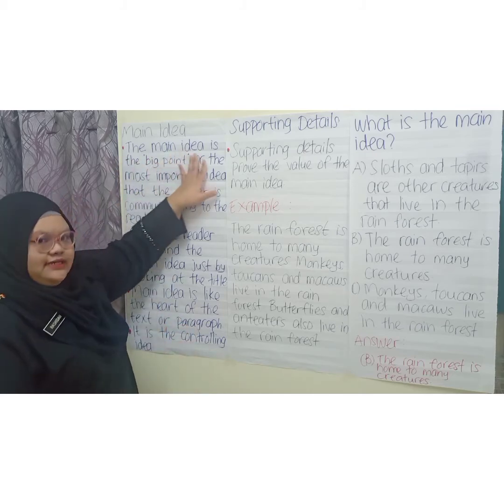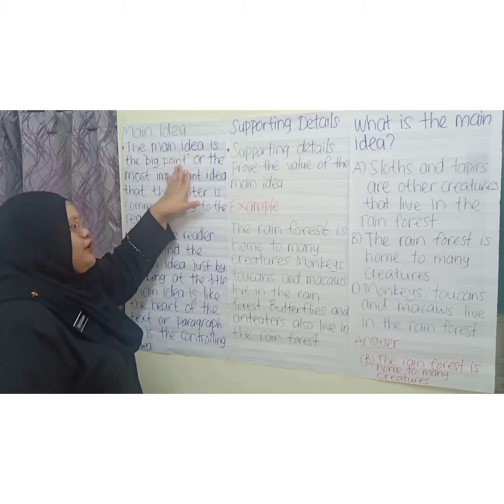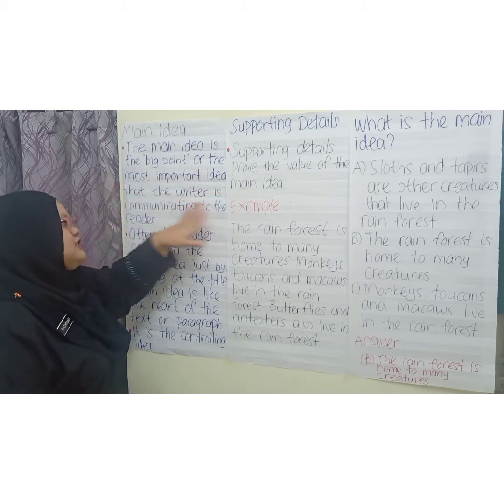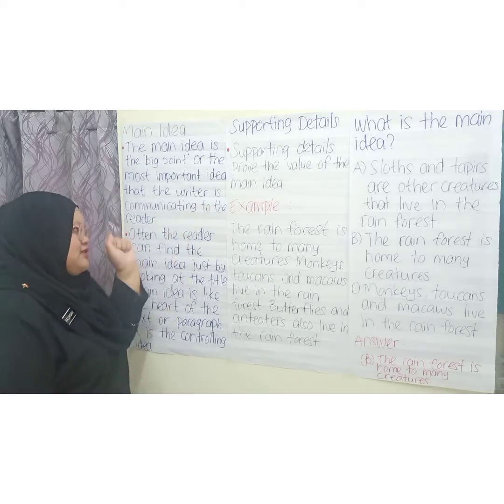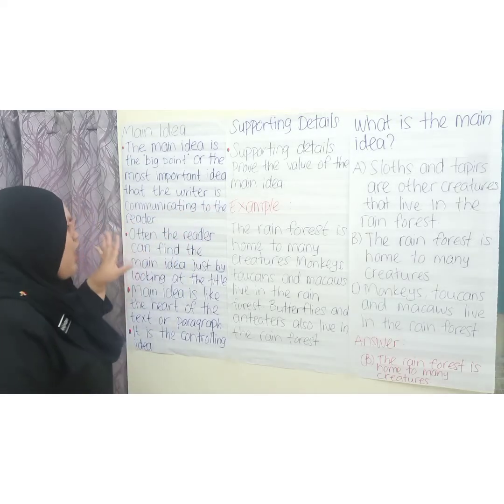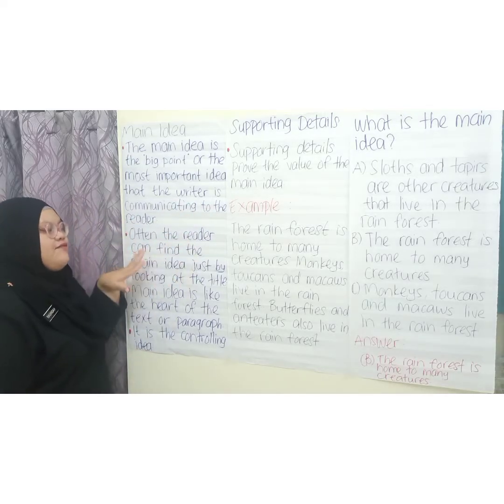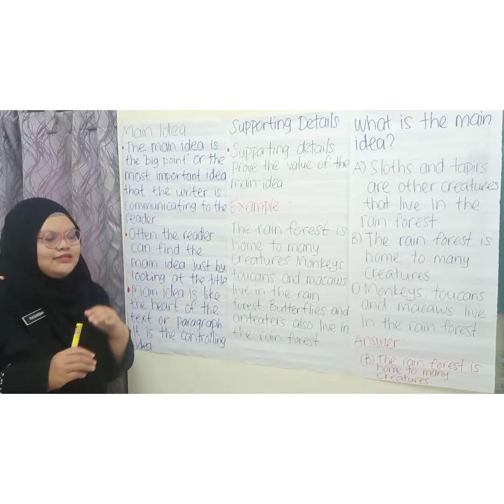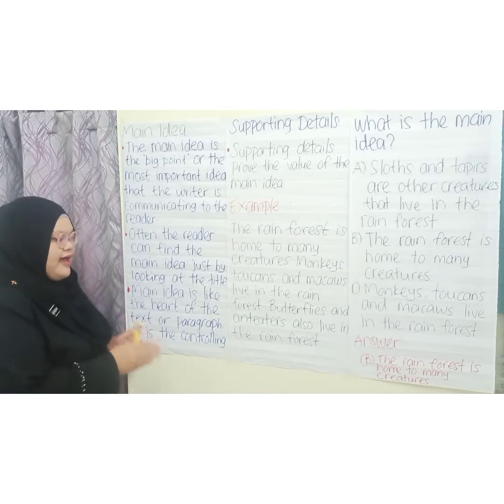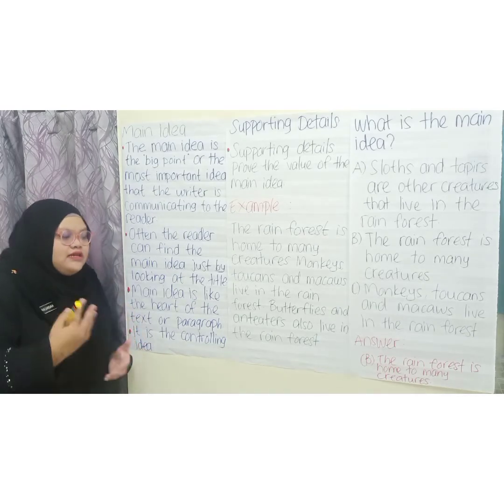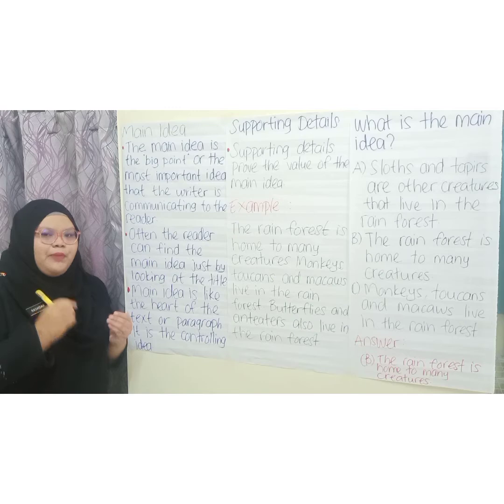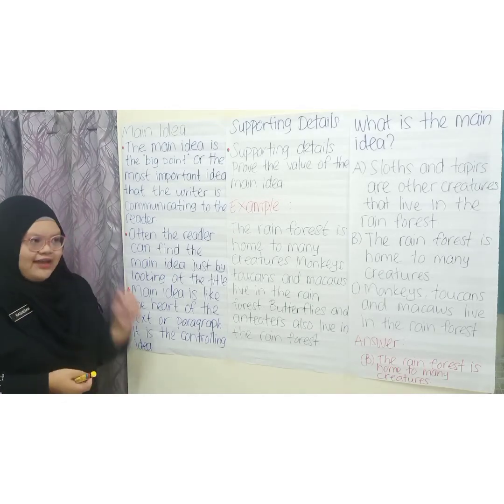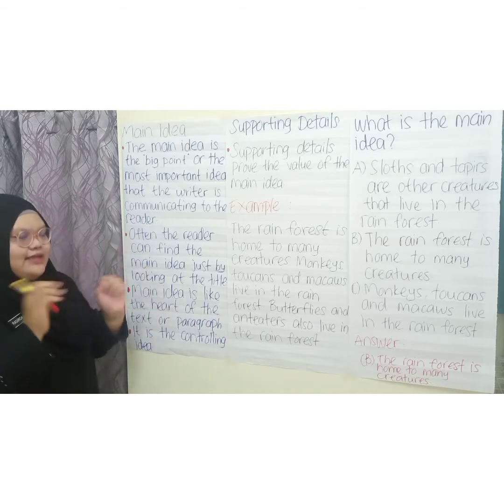So, the main idea is the big point or the most important idea that the writer is communicating to the reader. Often, the reader can find the main idea just by looking at the title. Main idea is like the heart of the text or paragraph, and it is the controlling idea of the text.